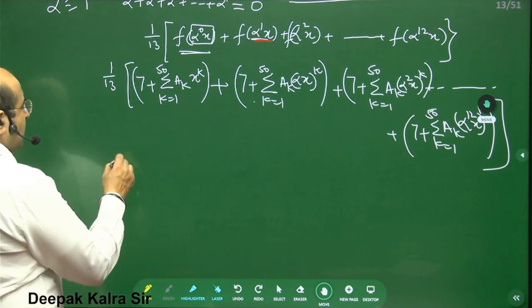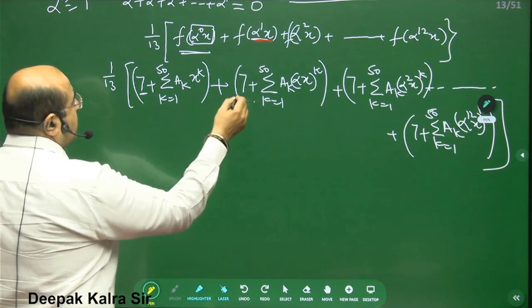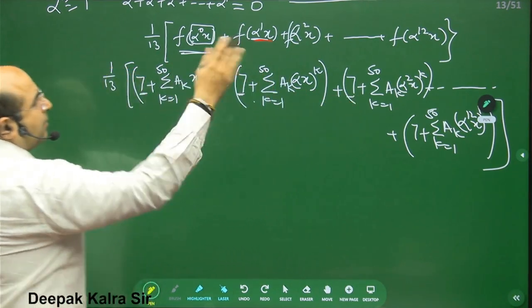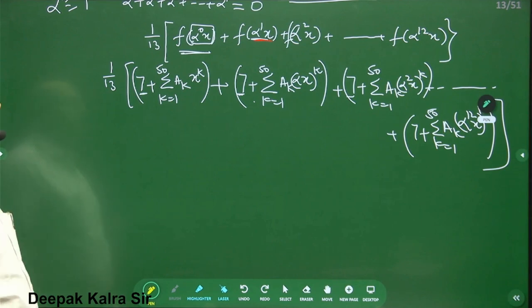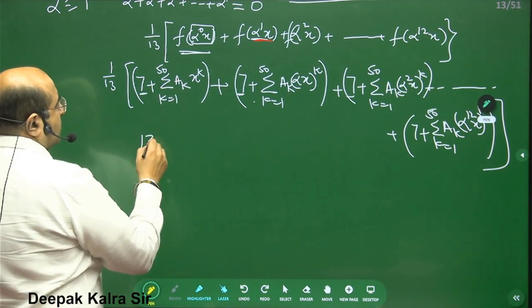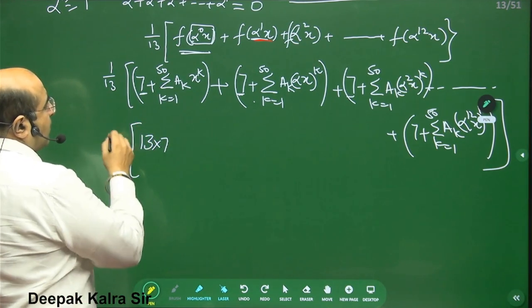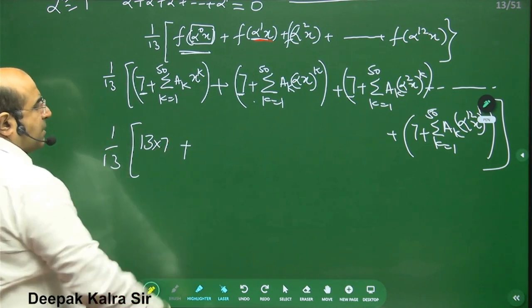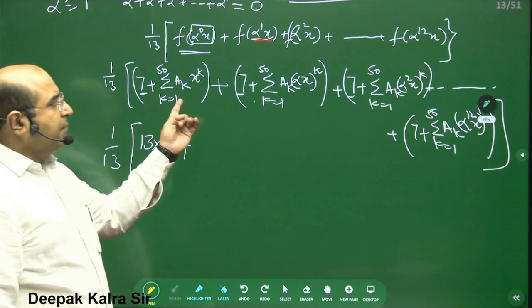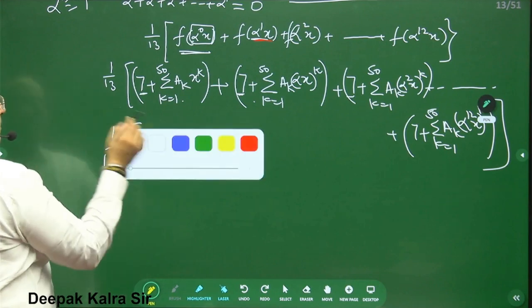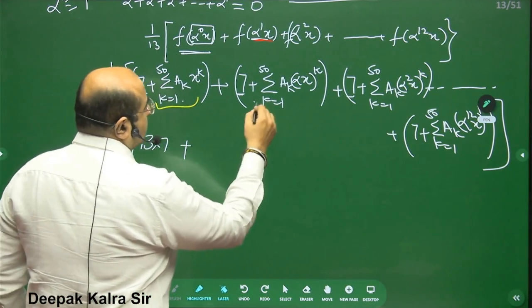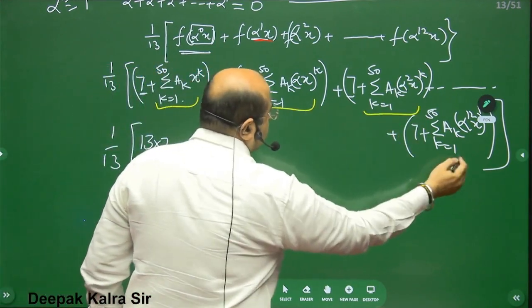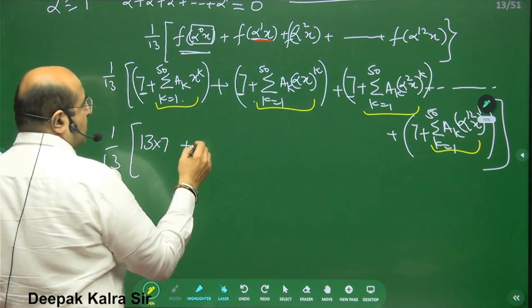Now what do you observe? 7 will come how many times? So 13 times 7 will come here, 13 times 7 plus. From this place, I have to pick these values together and write them in one, like terms.